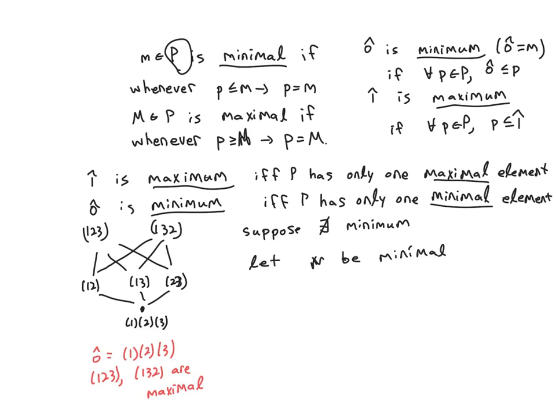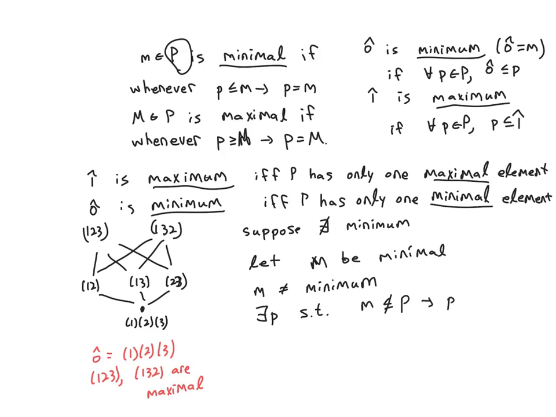I should call it M. Now, how do we know that there's more than one minimal element? So we know M is not minimum. And so by the negation of this statement, that means there exists a P such that it's not the case that M is less than or equal to P. Well, what does this mean?